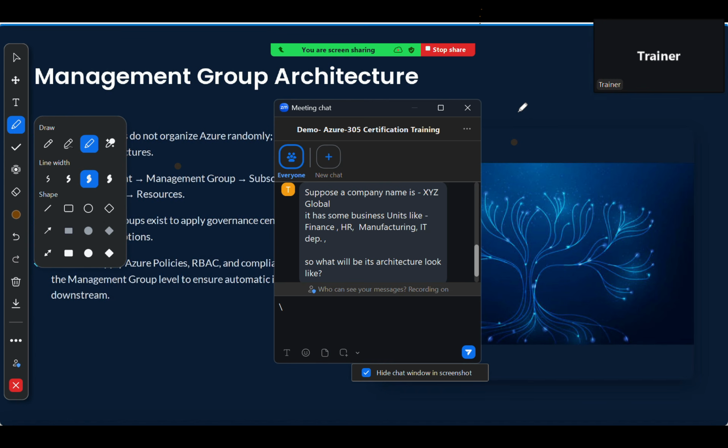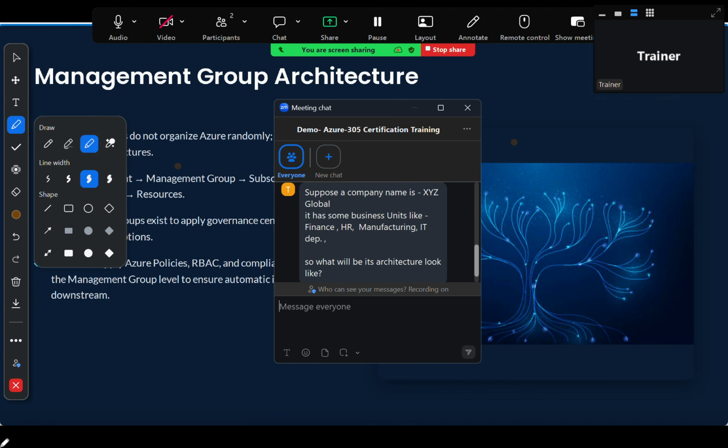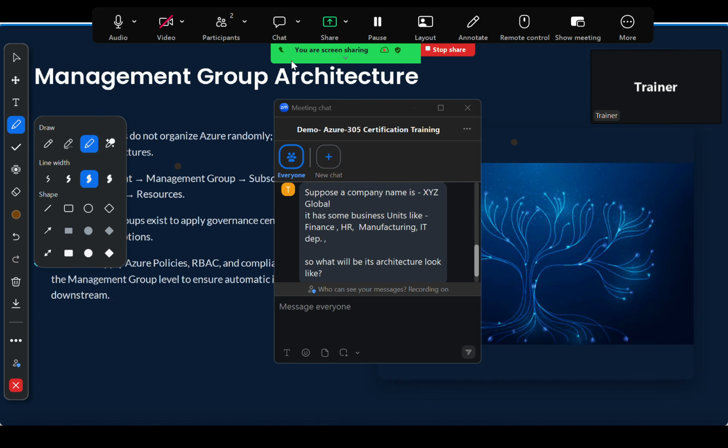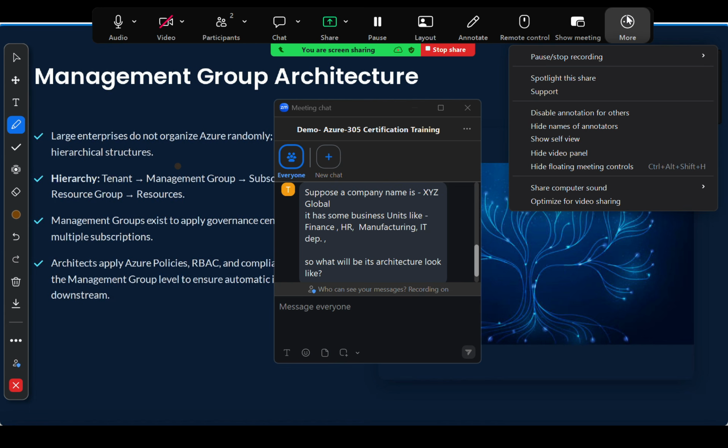Just write in chat. Okay, I can't see it, no issue.